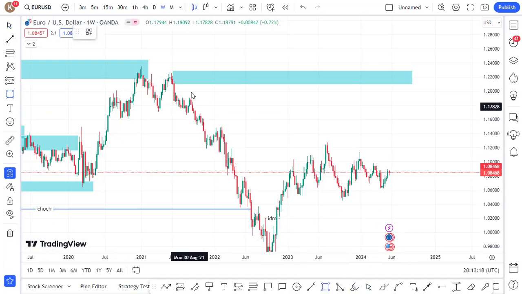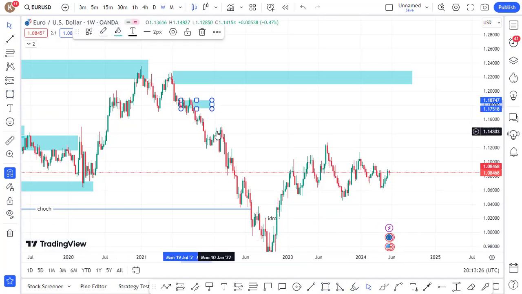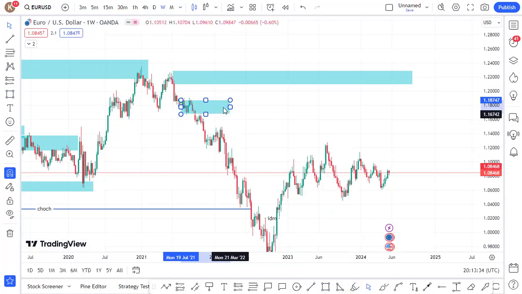Look at this last buy before the sell. So the order flow right here, this order flow here is already mitigated there. And again, this one.